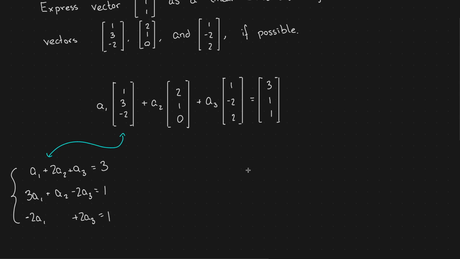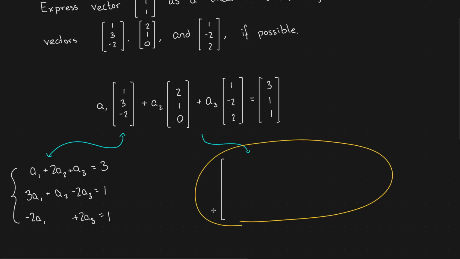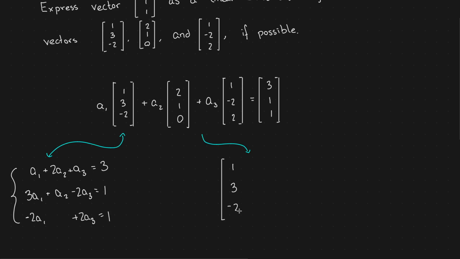Okay, and because we're asking the same thing, it's helpful if we could start thinking about this in the same way. And so we know in order to solve this, just like the system of linear equations, we can represent it as an augmented matrix, where the columns of the matrix are the vectors in our linear combination expression, and the augmented part is the vector we want the linear combination to equal.